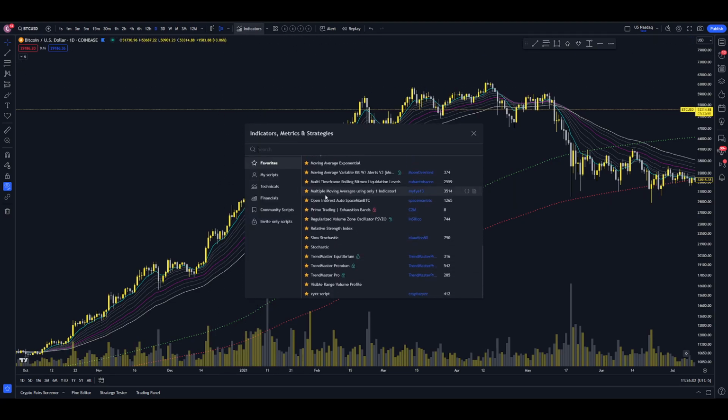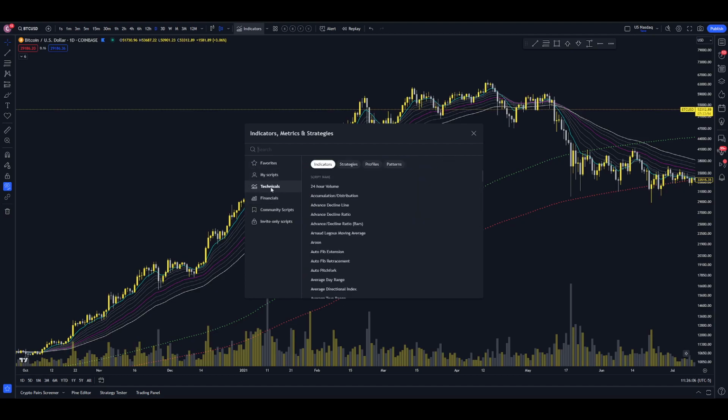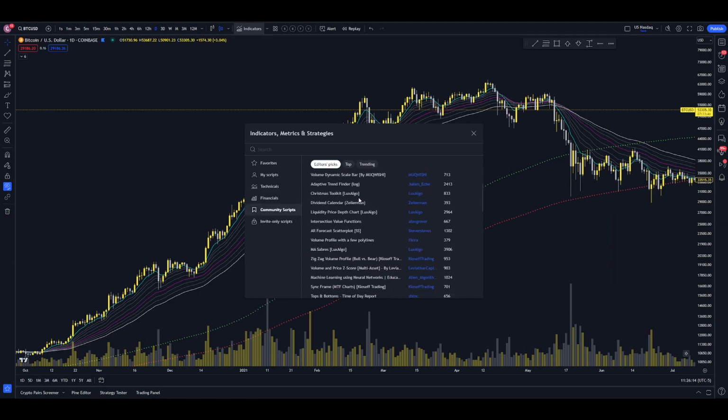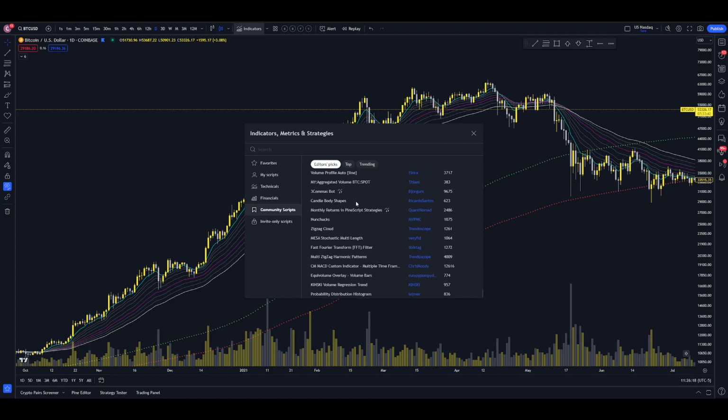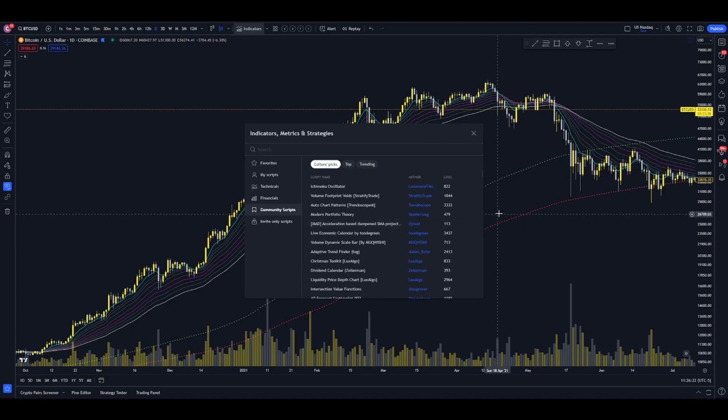I have a couple dozen here as my favorites. If you go to the ones that they include on TradingView, there are just a boatload. And if you go to community scripts, there are endless, endless numbers of indicators, right? And how to use them and all kinds of stuff.